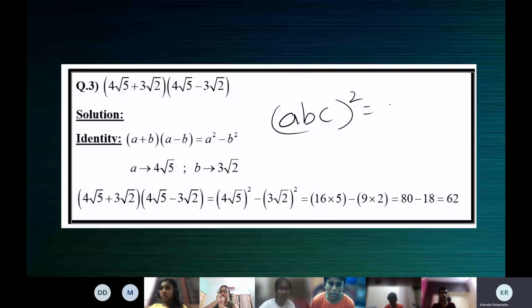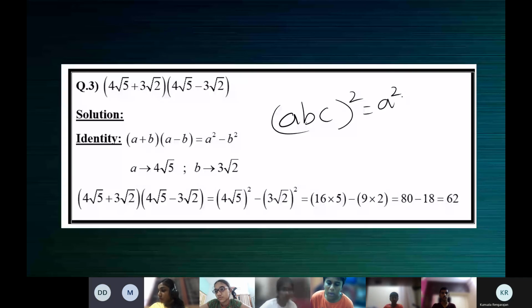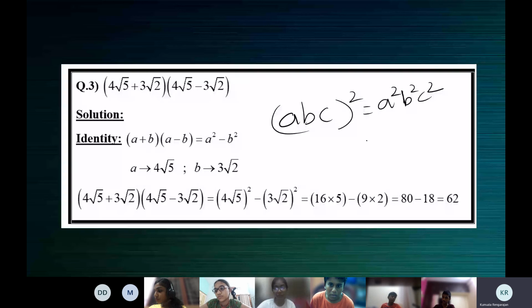ABC and ABC. What is ABC into ABC? Square. A square, B square, C square.